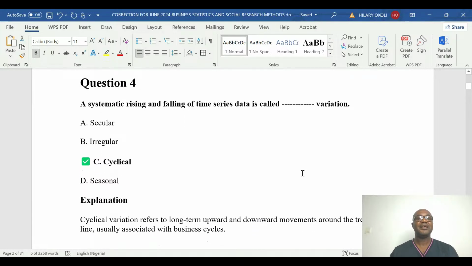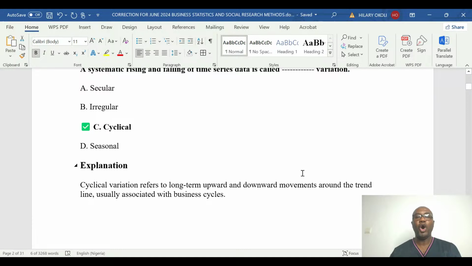Then looking at cyclical variation, I start by defining what it means. Let me explain before I go to the answer. Cyclical variation refers to long-term upward and downward movement around a trend line, usually associated with the business cycle.